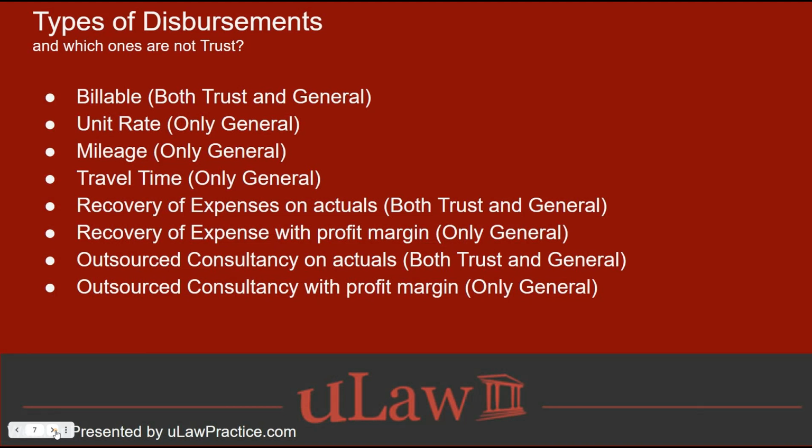Okay? So in that case as well, you use the general account as the perfect way to pay for these disbursements. And if it's unit rate or travel mileage, specifically unit rate, if you look at it, 100 photocopies and 20 faxes, we recommend that you use the general account.